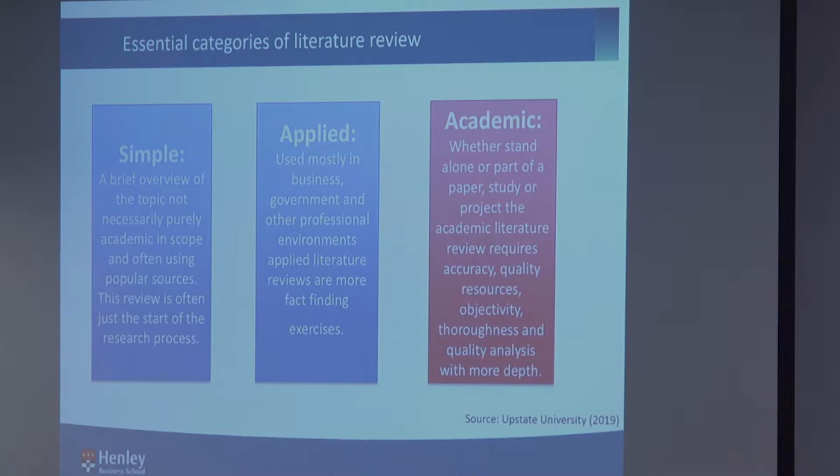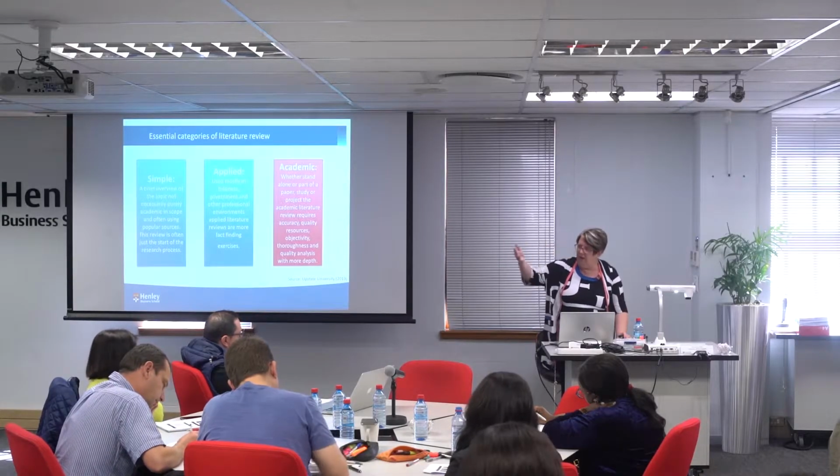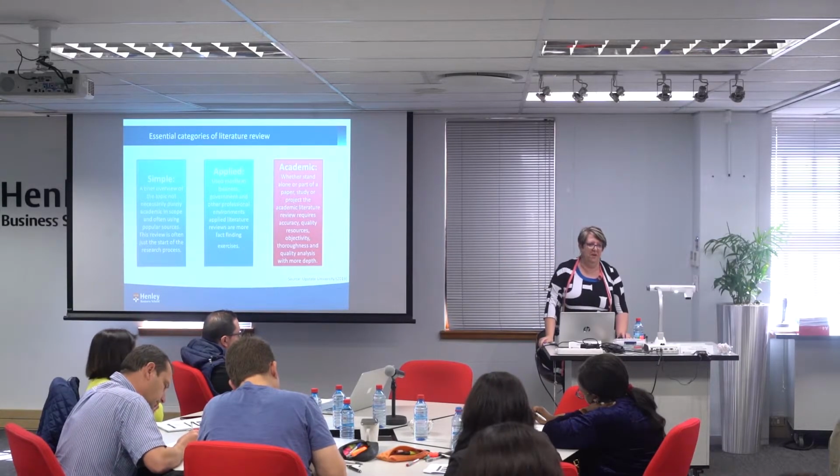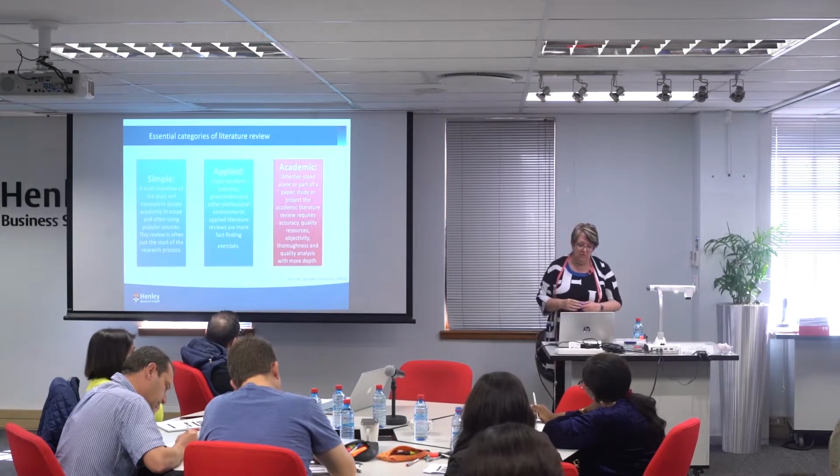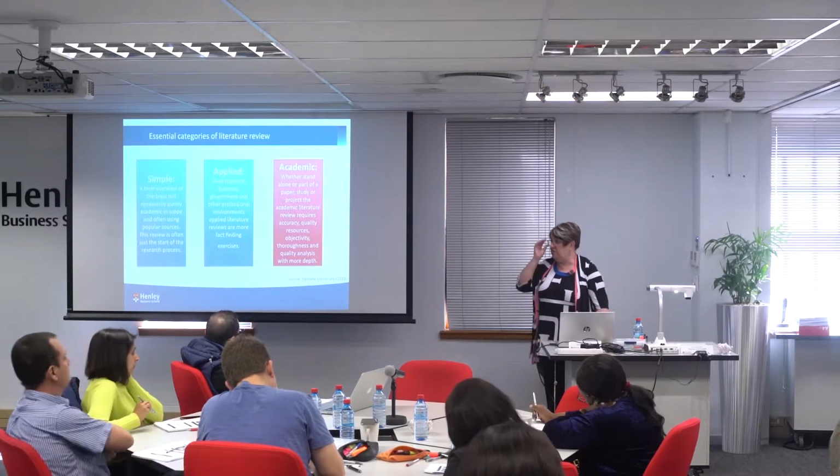So you read in the Star this morning, or you saw on News 24 this morning that some journalist said that the economy is still not growing. Then you take that as your foundation, that an economist said that the economy is not growing, so you're now analyzing why the economy is not growing. You're using popular sources, and this review is usually the start of a research process.